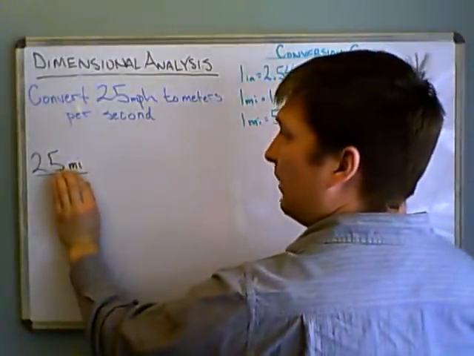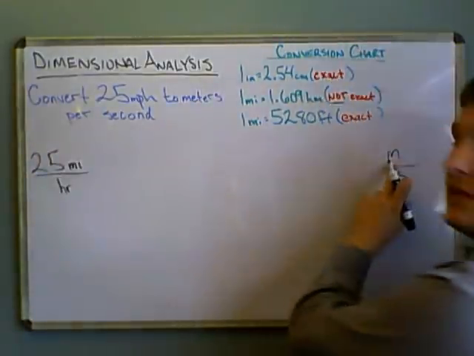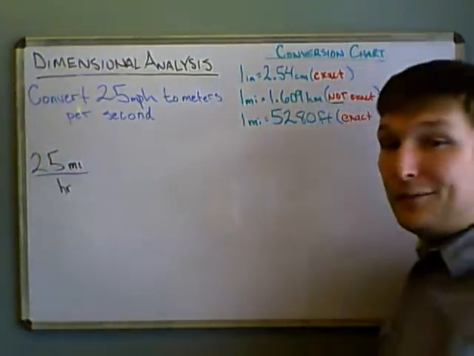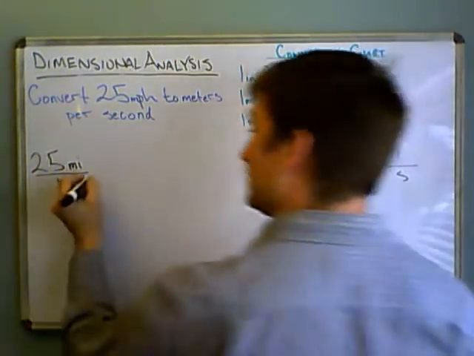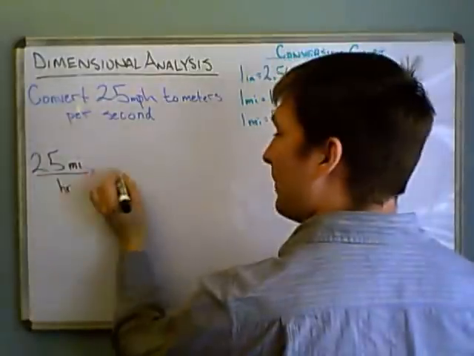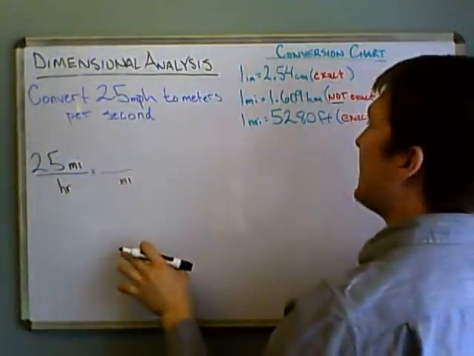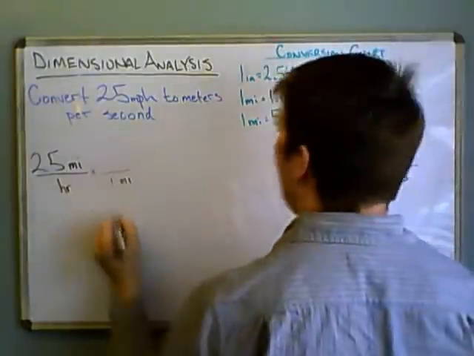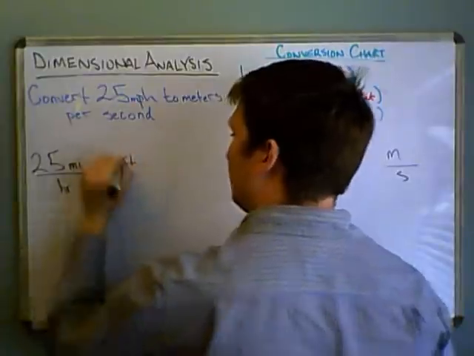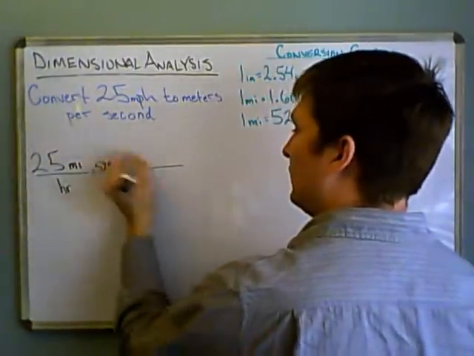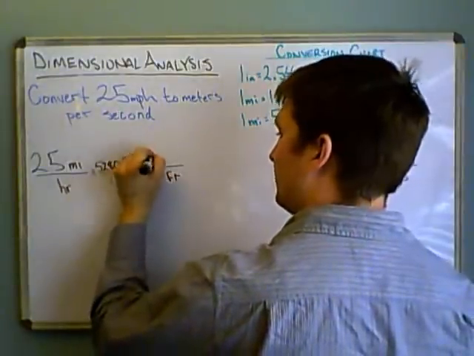So now it's just like a regular conversion from miles to meters, which we've done, what, 2 times now. So I'm just going to blow through this real quickly here and say, okay, miles goes on the bottom, and I'm going to do this with exact units here. So in 1 mile, there's 5280 feet. In 1 foot, there's 12 inches.